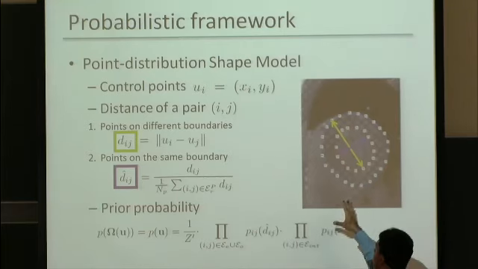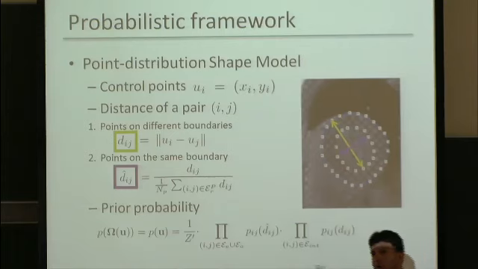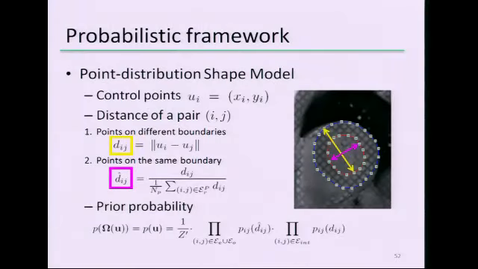That means that if you take a huge data set of hearts and you normalize them to the same scale, normally the distance of 2 corresponding points should remain approximately the same.